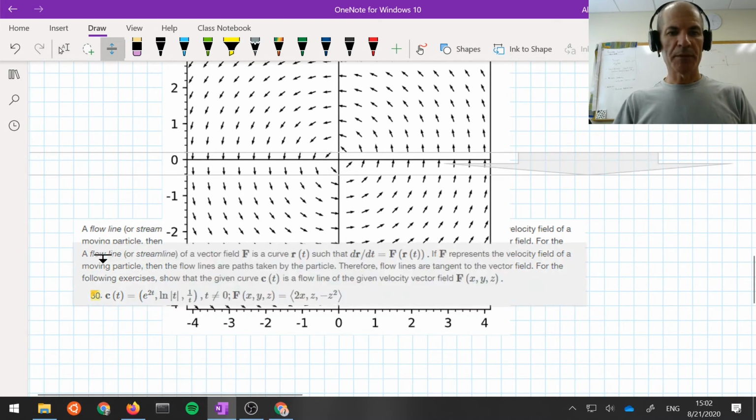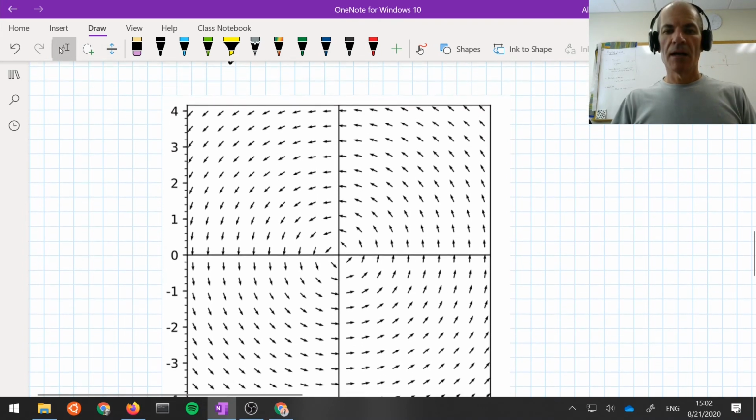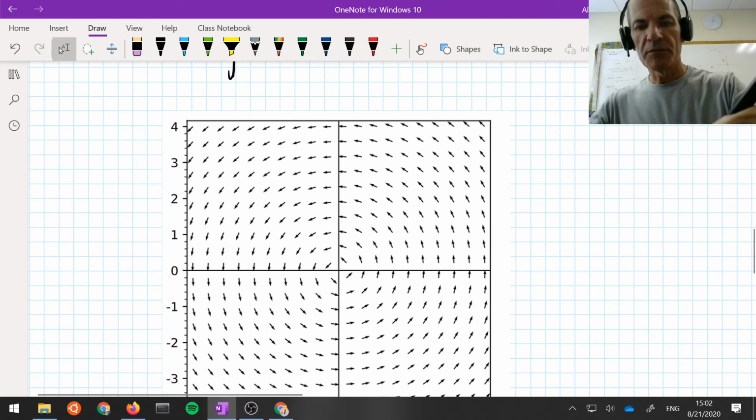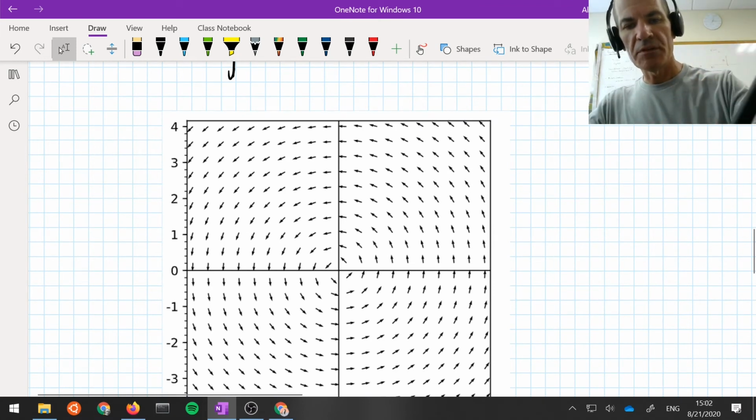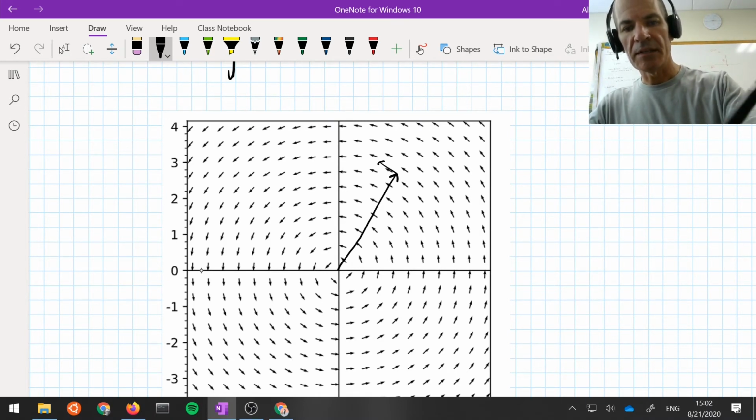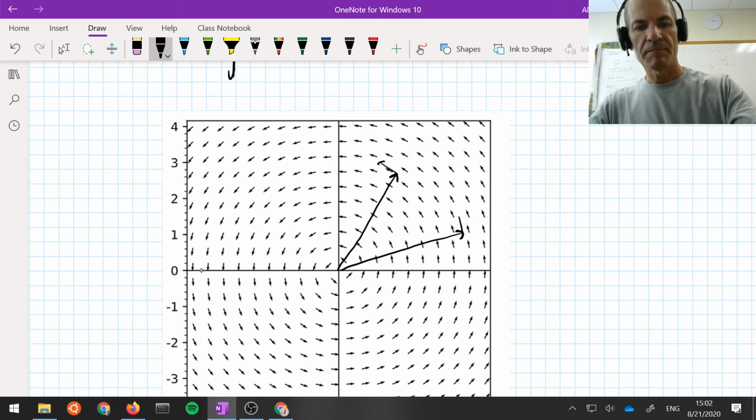They're all of unit length, and if I take any position vector anywhere at all and draw this vector to the origin, you can see that these vectors are perpendicular anywhere at all. Right? Anywhere.